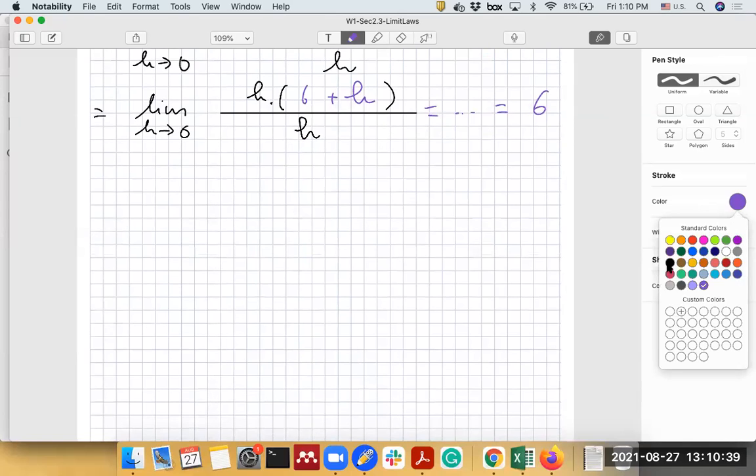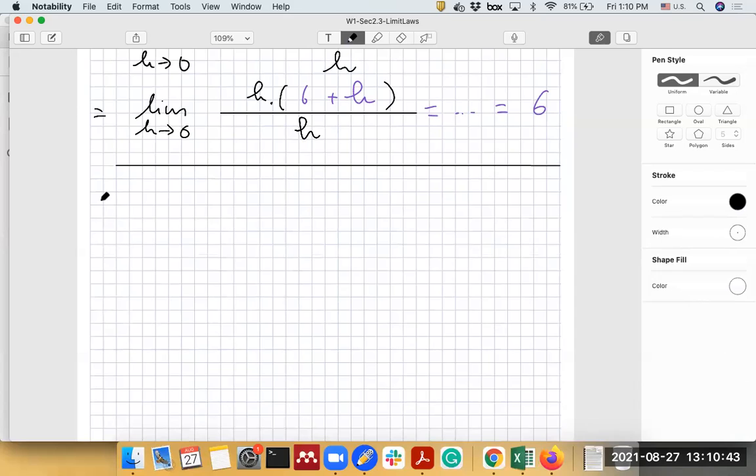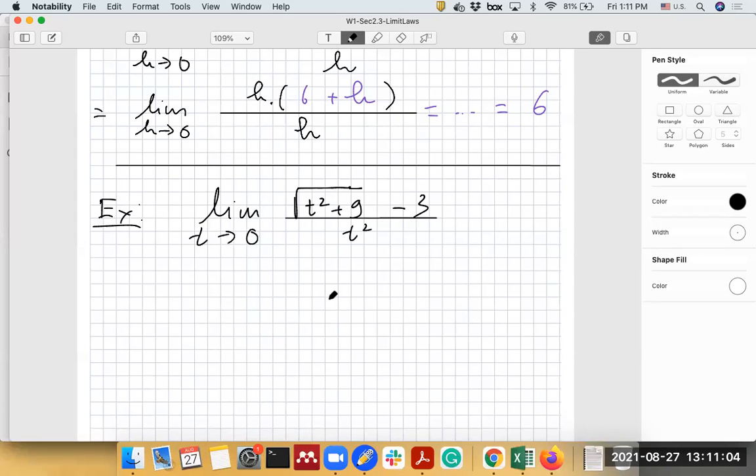This one is a little bit trickier. Okay. Limit of square root of t squared plus 9 minus 3 divided by t squared when t approaches 0.